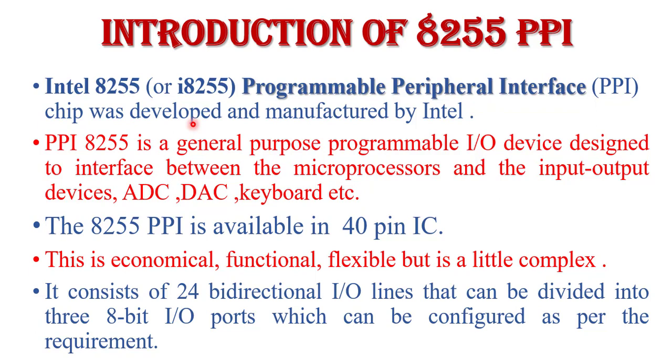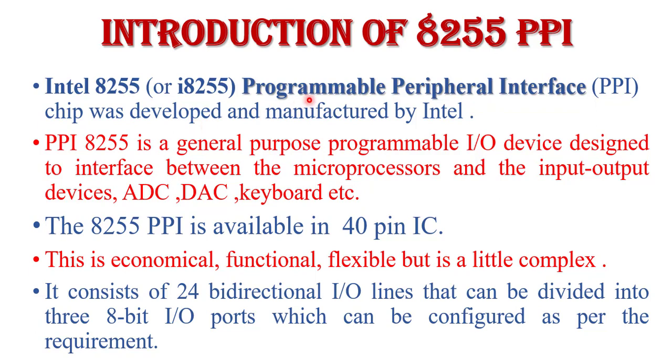To increase the interfacing capability of the microprocessors. Initially, in the 8085 microprocessor, Intel was facing some difficulties in terms of limited address bus, data bus and interfacing. So, to increase the interfacing capability of the microprocessor, Intel designed the 8255 interfacing device.